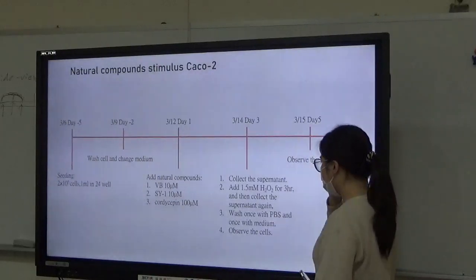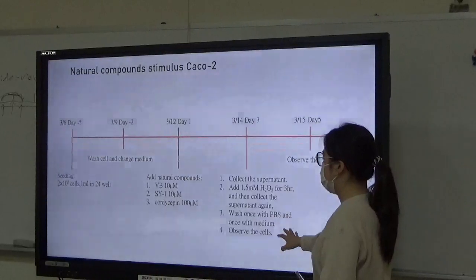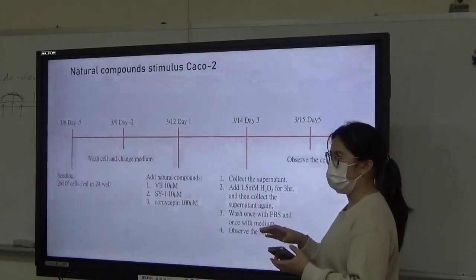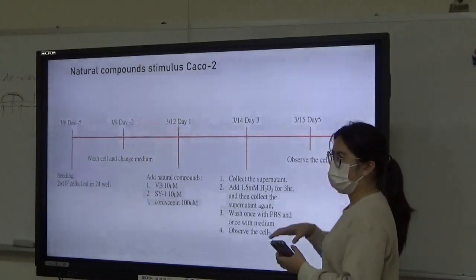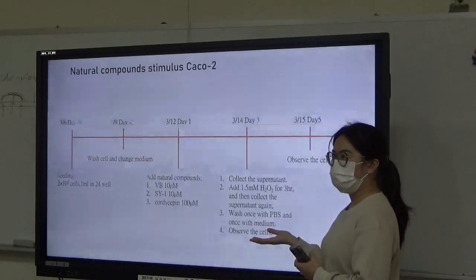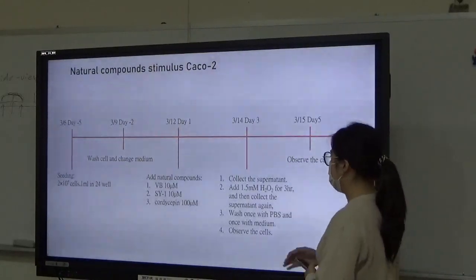And then after 20 hours, we will collect the supernatant and take pictures with the microscope. Then it will show the pictures tomorrow afternoon.